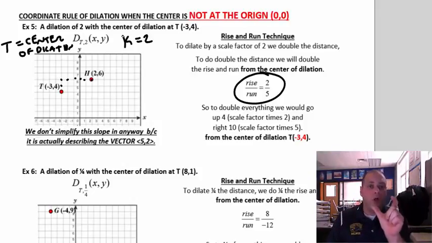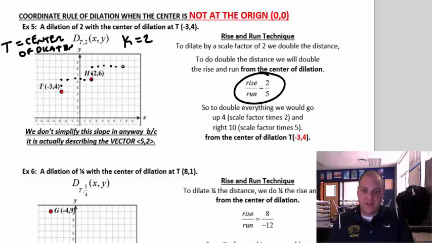That means we want to double the length of our segment. So from T, we go up 2 over 5 and just go up 2 over 5 again. Boom, boom, up 2 over 1, 2, 3, 4, 5. There it is. Okay, I'll make it red. And there it is. That is going to be our image, our H prime.